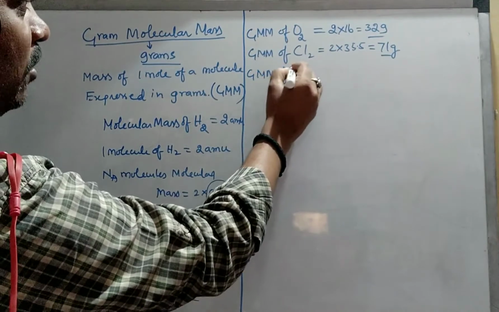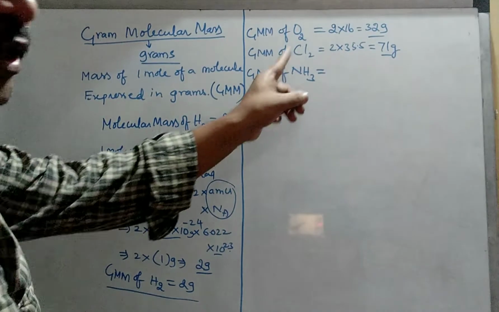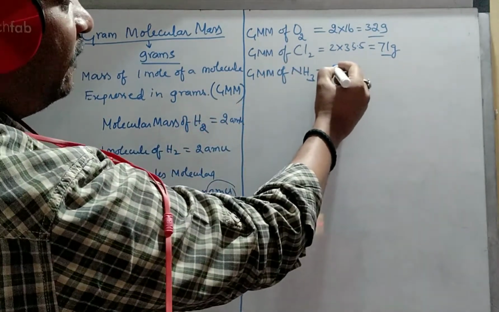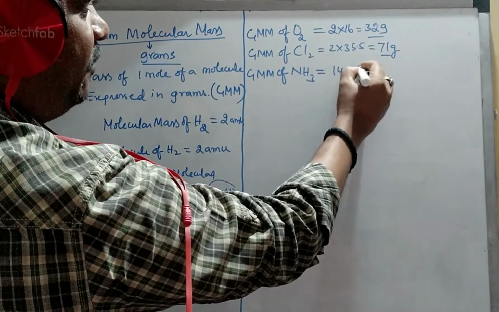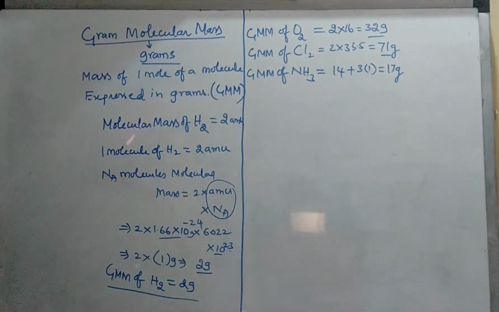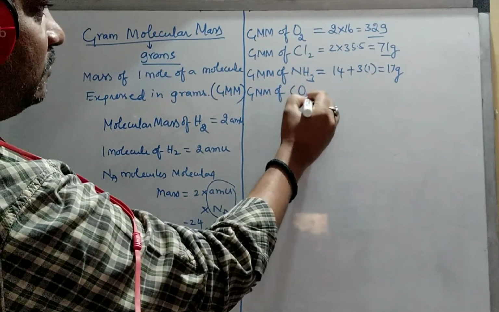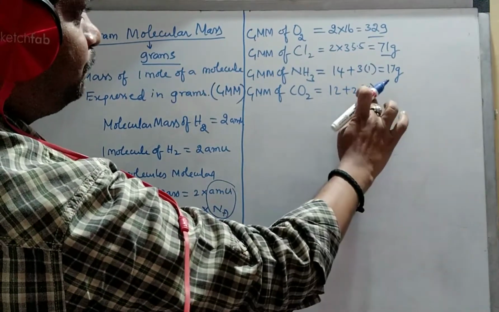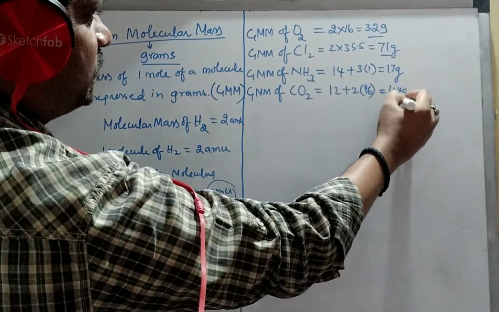GMM of ammonia: you all know that ammonia has nitrogen and 3 hydrogens, so total, nitrogen is 14, hydrogen is 3 into 1, that is 17 grams. Similarly, gram molecular mass of carbon dioxide: carbon is 12, 2 oxygens, each oxygen is 16, so we get 44 grams.